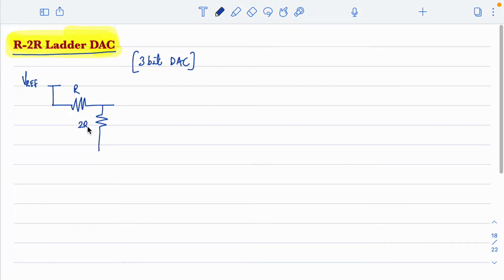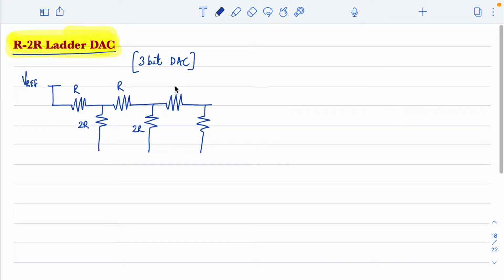Depending on the number of bits of the DAC, say for a 3-bit DAC, you will have 3 sets of R and 2R. So this is the first set, this is the second set, and this is the third set.